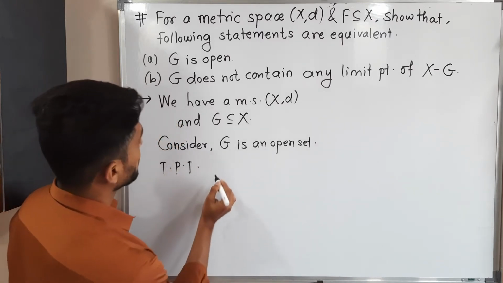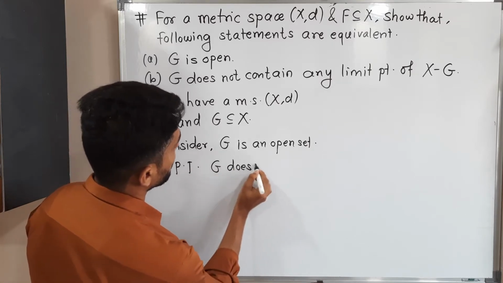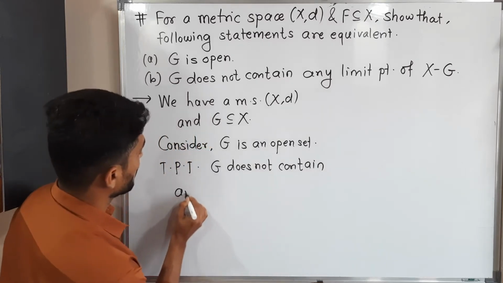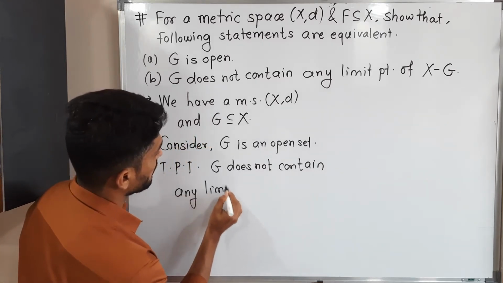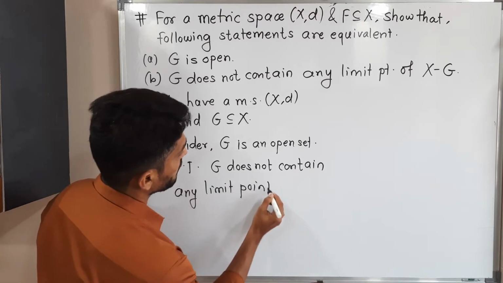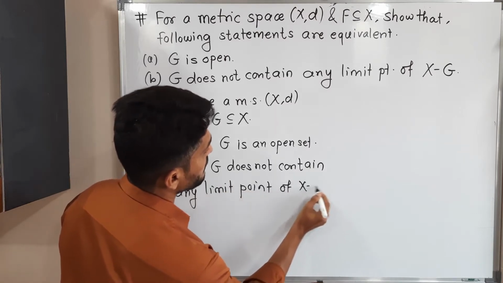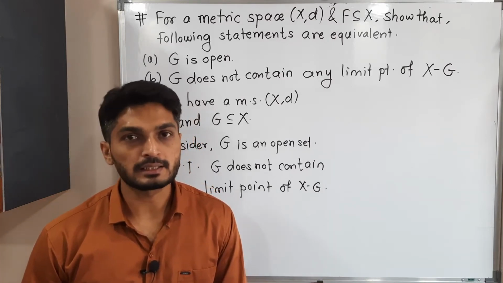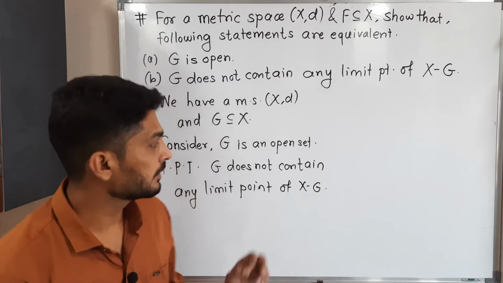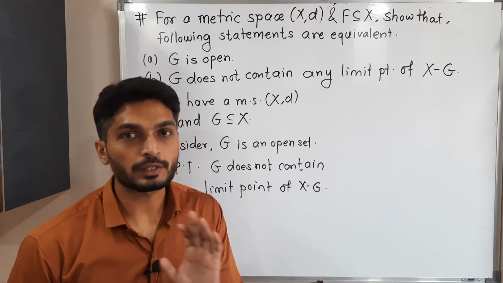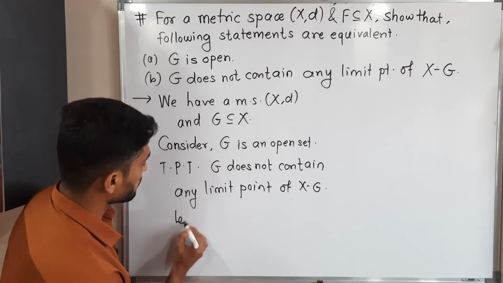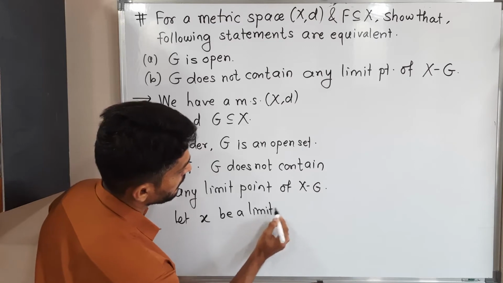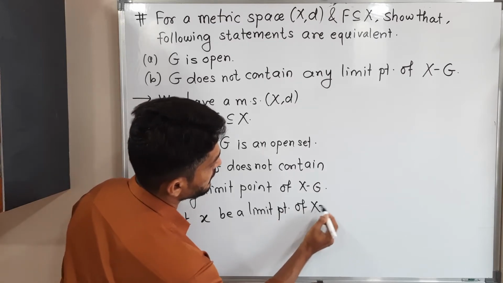To prove that G does not contain any limit point of X minus G. We have to prove that G does not contain any limit point of X minus G. So let us take one limit point of X minus G and we will prove that it is not in G. Let small x be a limit point of X minus G.